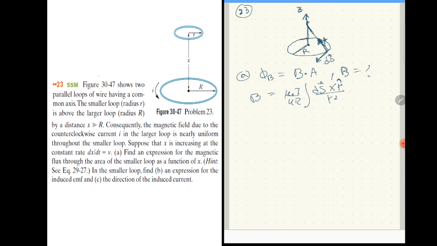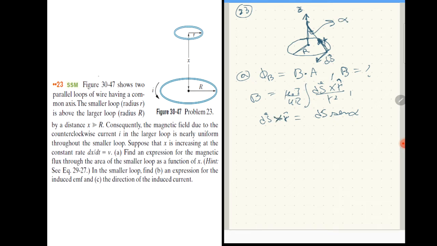What you can see now is that this ds element of line vector product, this radial vector, equals ds times the sine of alpha. Alpha would be this angle right over here.